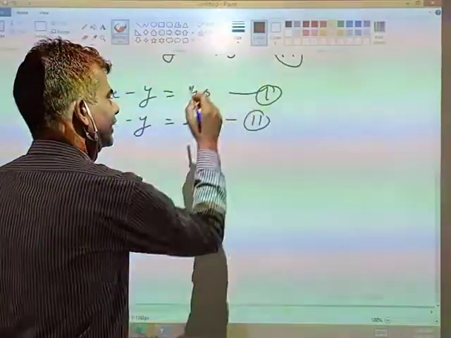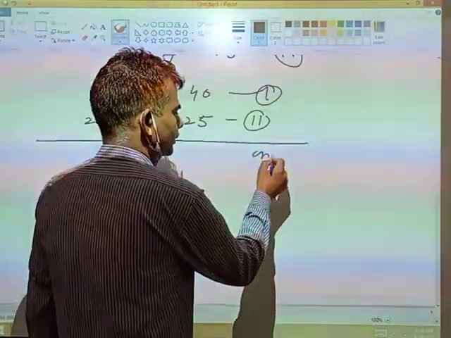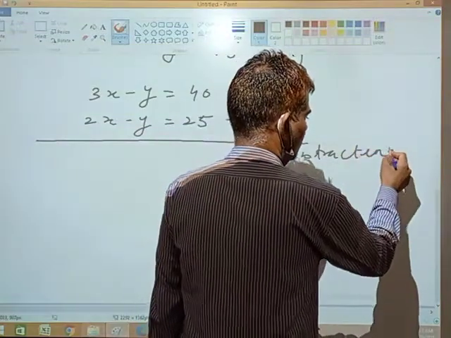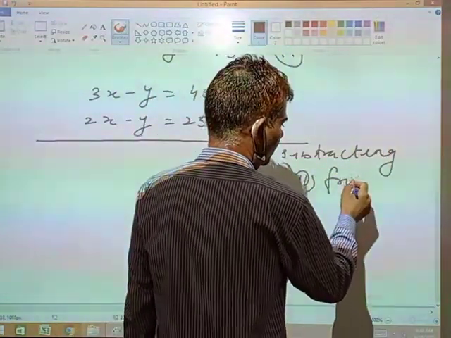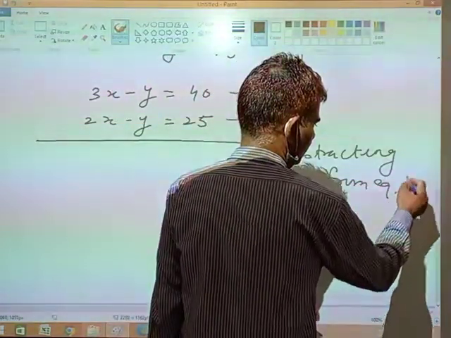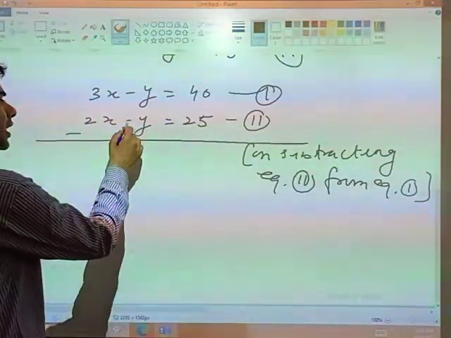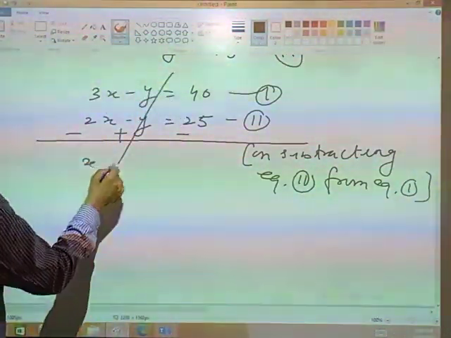On subtracting the second equation from the first, minus y and plus y cancel out, so x is equal to 15.